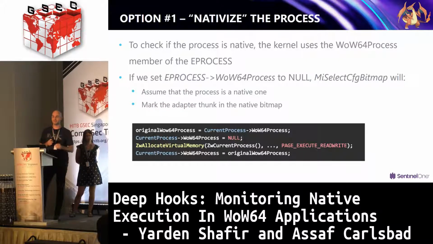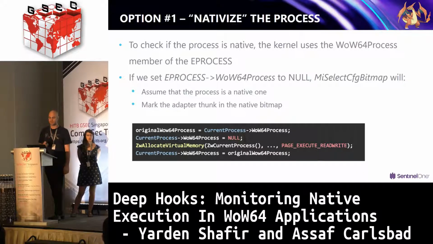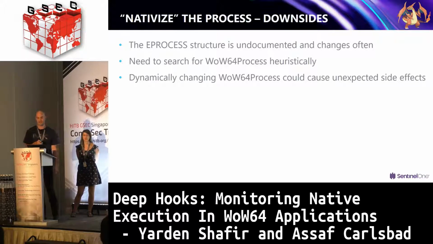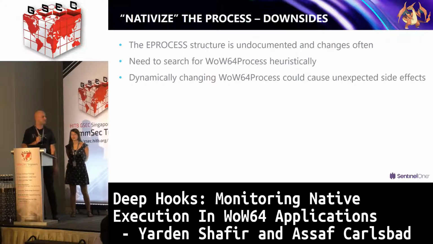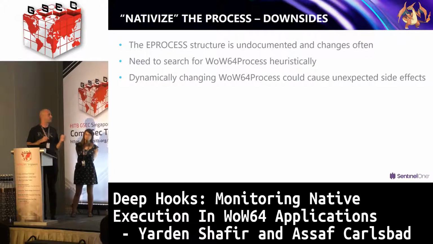So to summarize, this option basically works by temporarily nativizing a WoW64 process, and while it does do the trick, it suffers from some serious downsides, mainly because the EPROCESS structure that has to be modified is largely undocumented and changes often between Windows releases. This makes the offset of the member we wish to modify from the beginning of the structure inconsistent, so we can't rely on it.